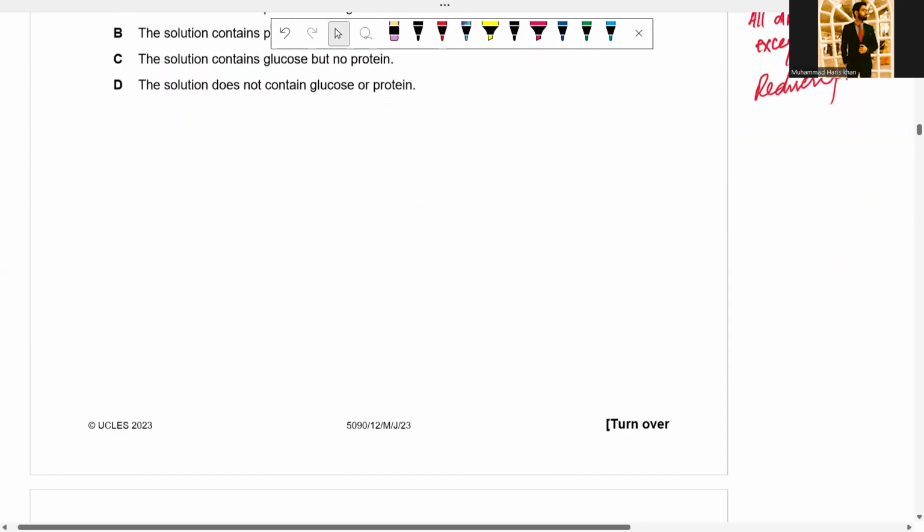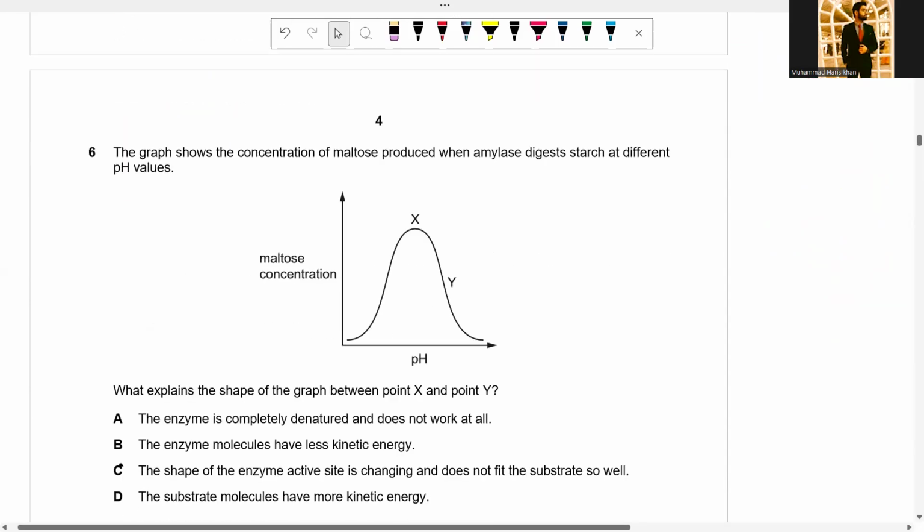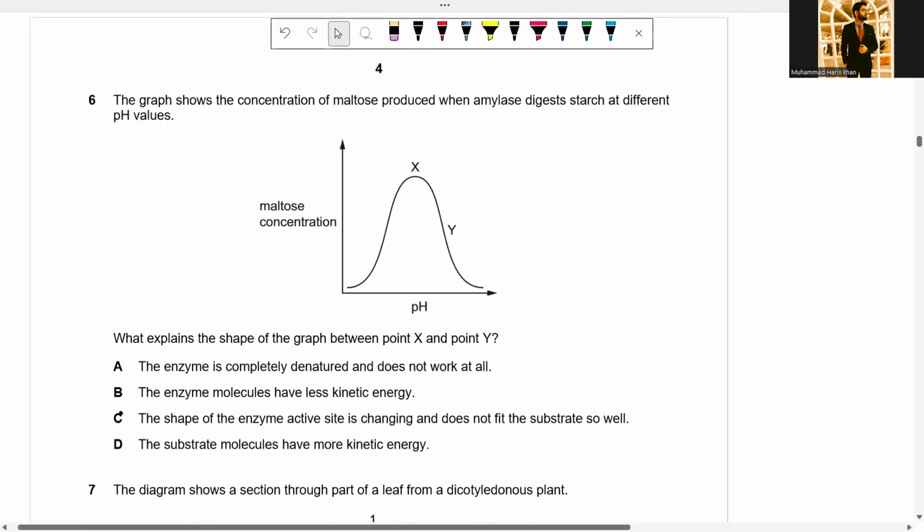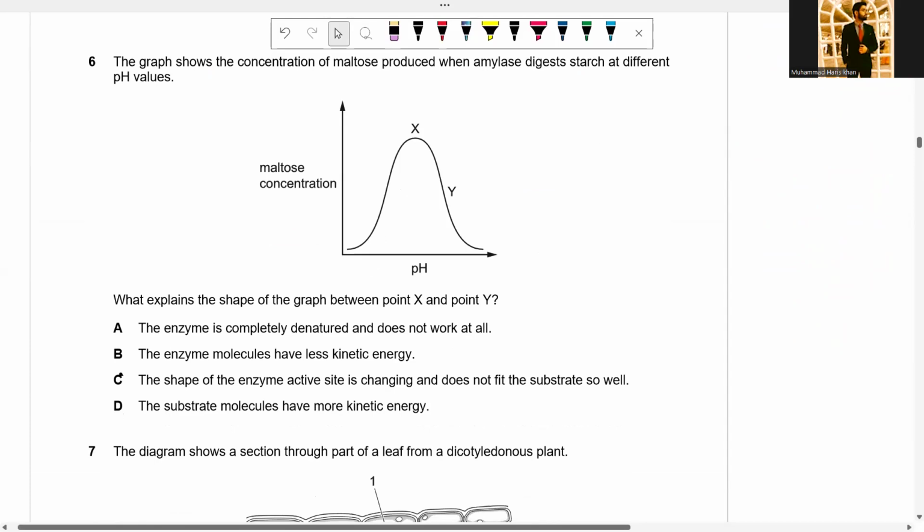Now, question number 6. The graph shows the concentration of maltose produced when amylase digests starch at different pH values. What explains the shape of the graph? Enzymes work in a specific pH range. After that specific optimum pH range, the pH will start changing the structure of the enzyme, that is denaturation, and the enzyme activity will be reduced.